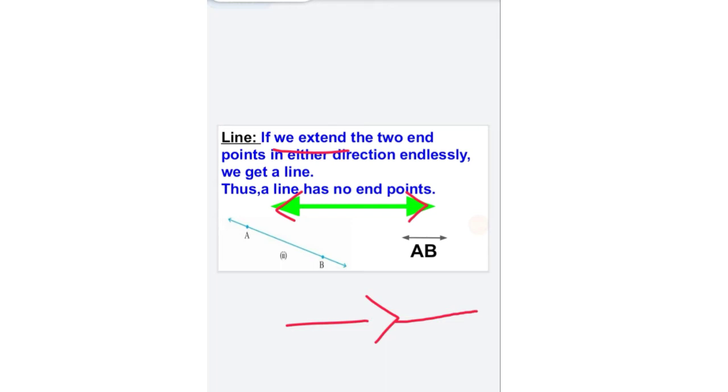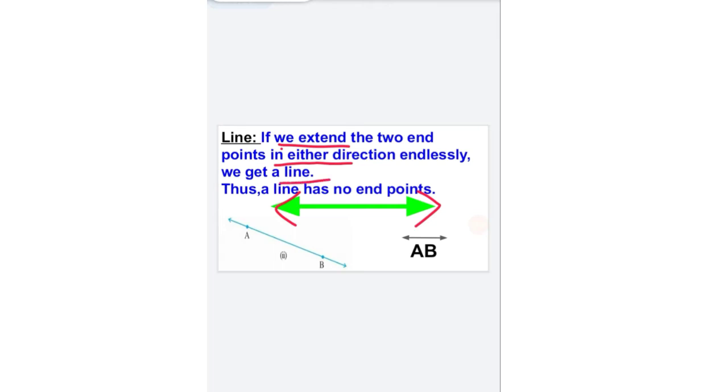Let's see the definition: if we extend two endpoints in either direction endlessly, then we can call it a line.